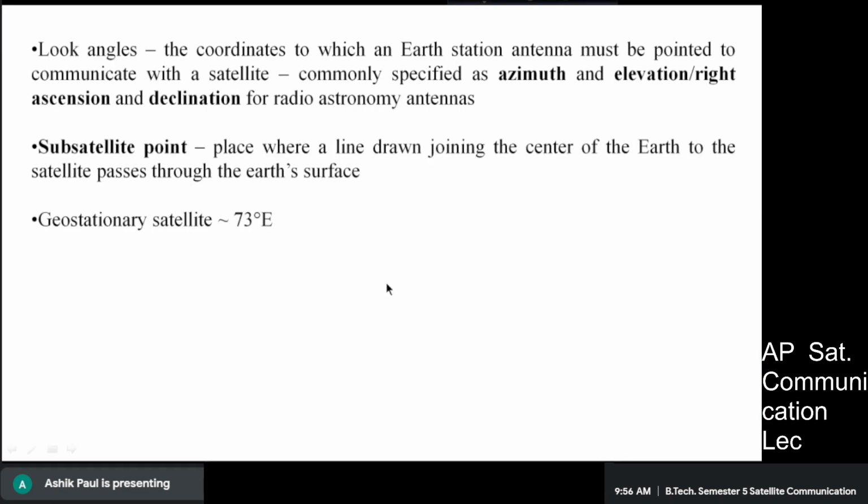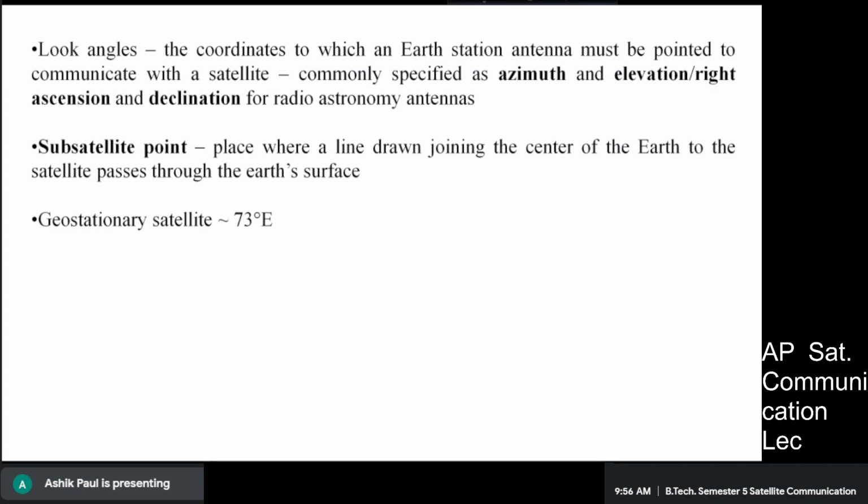So suppose somebody gives you this problem that I want to set up a satellite communication link with a geostationary satellite which is at 73 degrees east. How will you proceed? That person will also tell you the frequency at which that satellite is working. But is this information enough to set up your antenna?